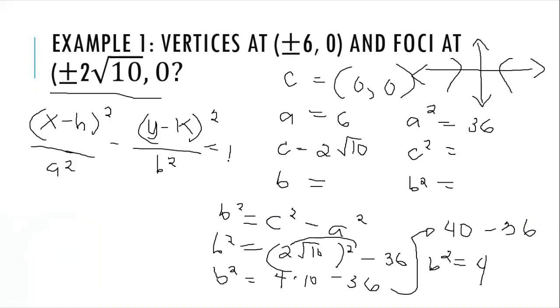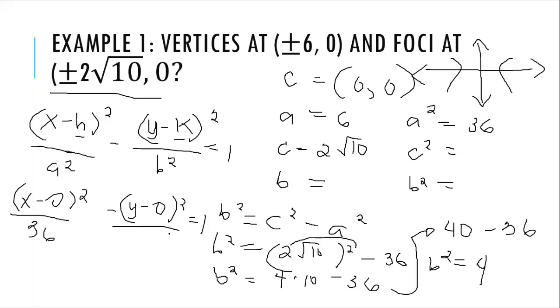Equal to 1. H and K is the coordinate of the center. Our H is 0. Our K is 0 as well. Equal to 1. Our A squared is 36. Our B squared is 4.